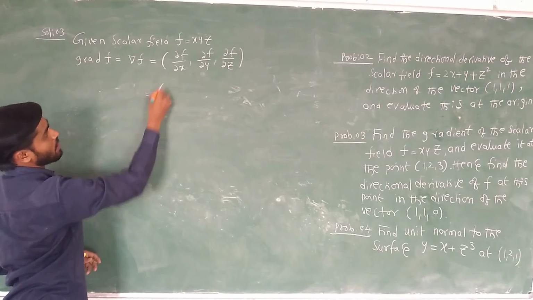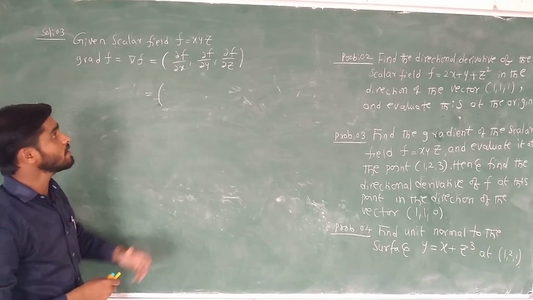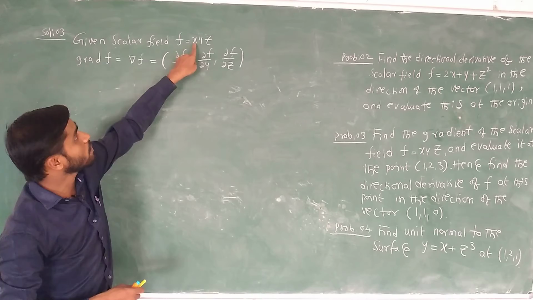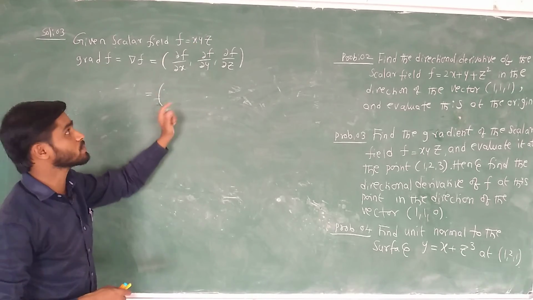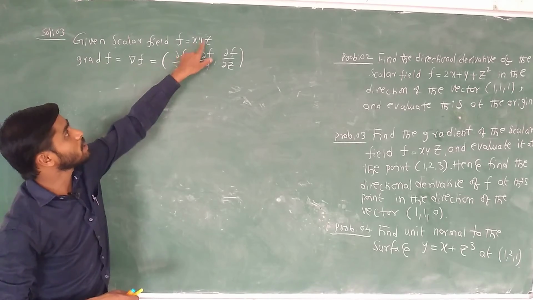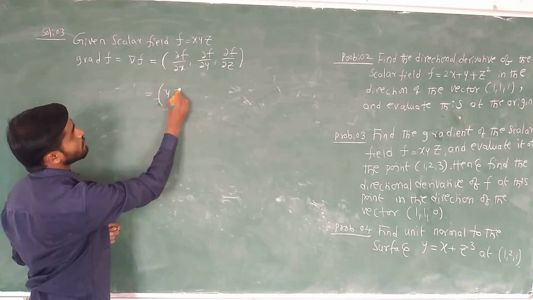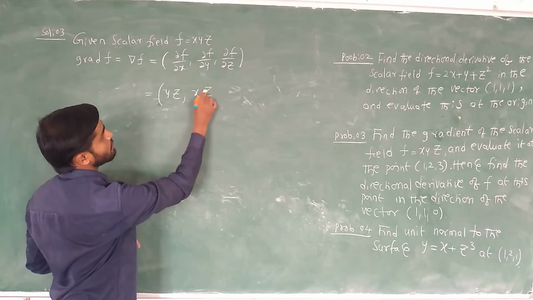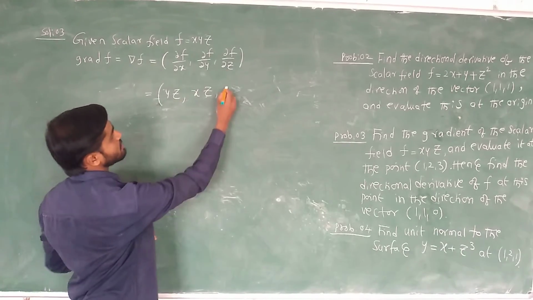Now compute these partial derivatives. If you compute the partial derivative with respect to x, the remaining things are constants, so dou f by dou x is y z, the second component is x z, and the third component is x y.